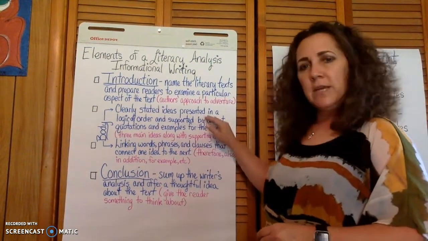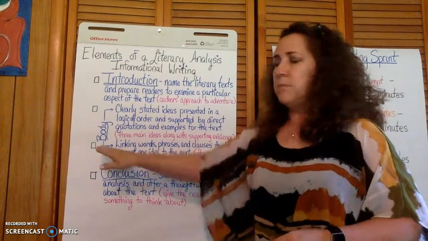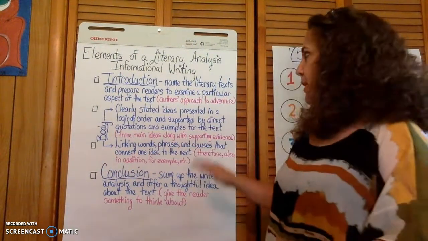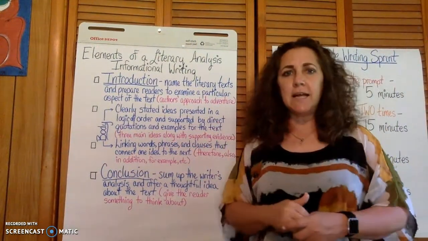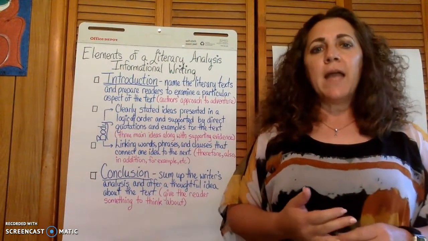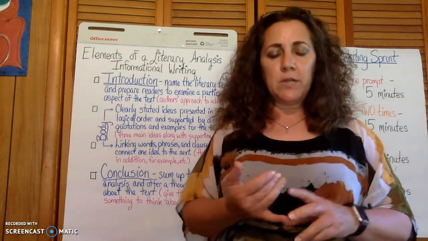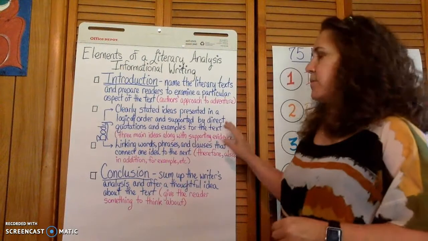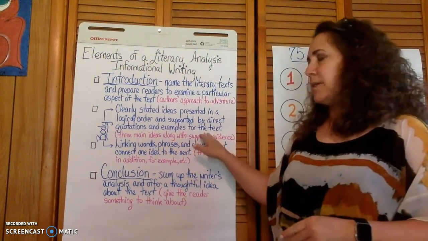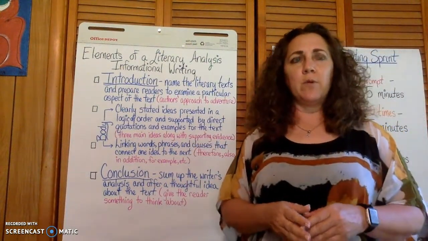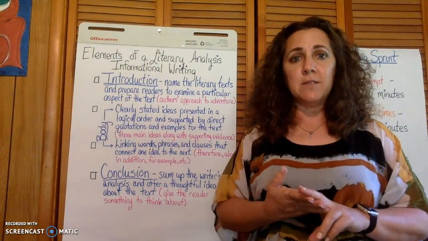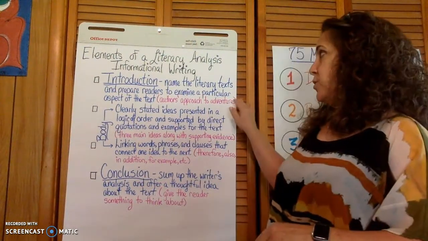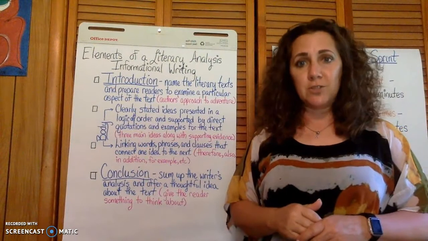The next 2 key features are basically the body of your paper. It says to clearly state ideas in logical order and support them with direct quotations and examples from the text. Basically, you're going to be focusing on 3 main ideas pertaining to your author's approach to adventure.